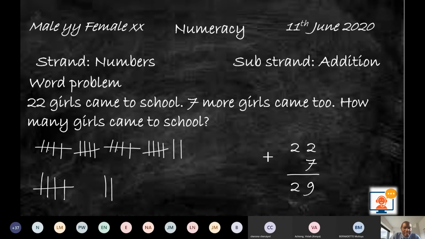We used counters: 10, 20, then 22, then another 7. We counted all of them, and we did 22 plus 7, and we got 29. So that is what we did yesterday, to understand what was happening in terms of counting. We used the word problem and numbers, and we were able to get that as our answer.